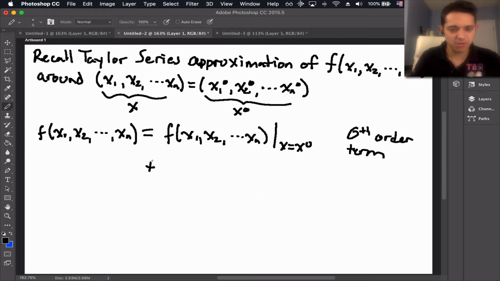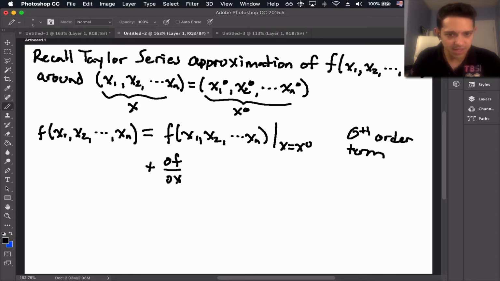So the first order terms are going to involve some derivatives, and because we have multiple arguments here, that is x1 to xn, we need to take the derivative of f with respect to each one of these arguments. So for example, let's start with x1.